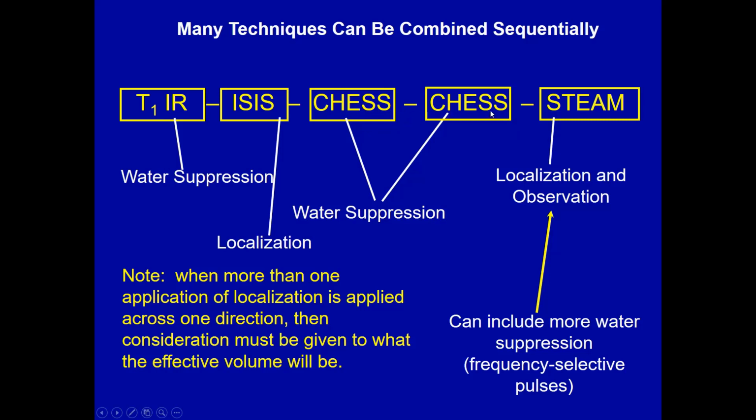And if you put a whole lot of these together, there's going to be a little bit of Z magnetization for the water that recovers each time. So at some point there's diminishing returns. Or if you've applied something in advance, by waiting too long before you do your actual acquisition, you can spoil some of your localization methods. So they have to be done judiciously, but they are very often done in combinations.